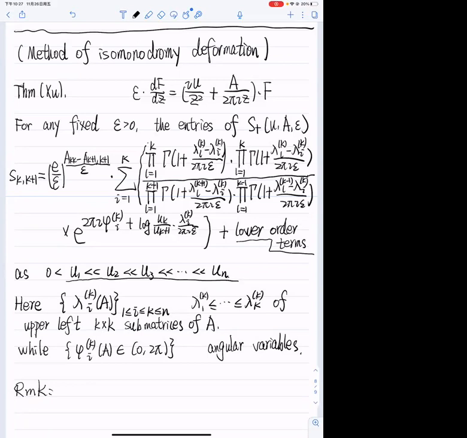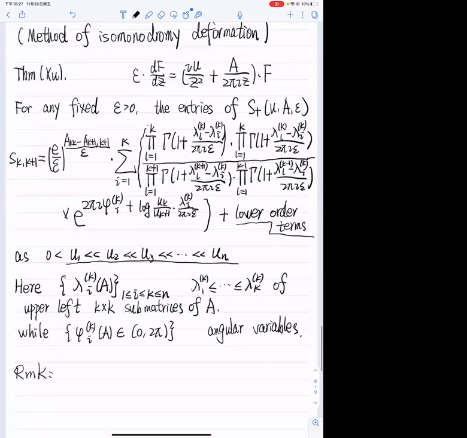So I wanted to ask: are these ongoing variables known explicitly in terms of, maybe, matrix elements of A? Yeah, right.